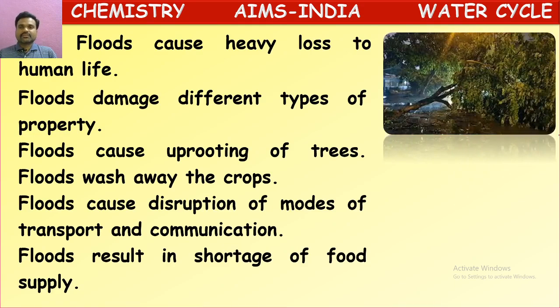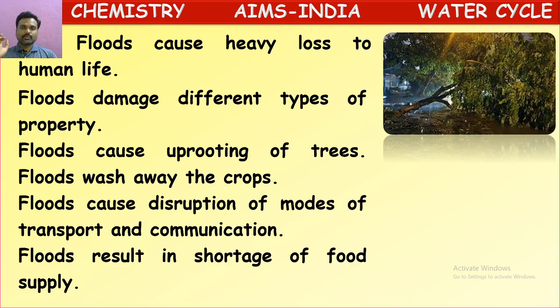See here, you can see how these trees have fallen down because of heavy rains and floods. What happens? The floods will come with very high force. Then these trees also will fall down. That is uprooting of trees. If one falls on the road, the transport also will be stopped.